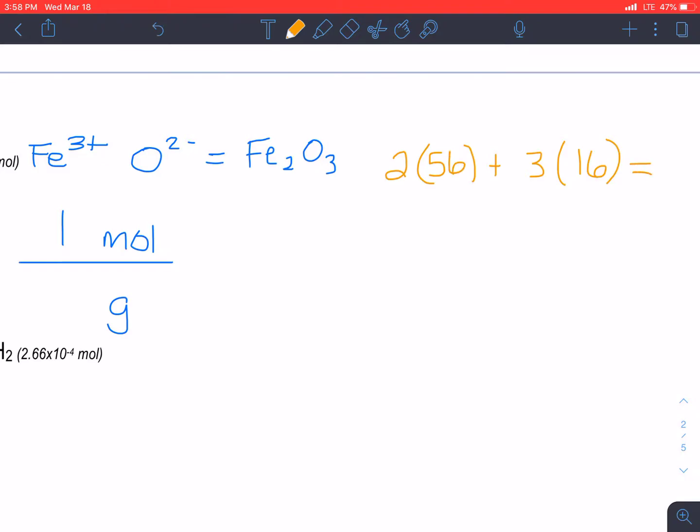So let me go to my calculator real quick. 2 times 56, this is 112, plus 3 times 16. 3 times 16 is 48. So we get a total mass of 160. Okay, so that's the mass that goes here. That's how many grams are in 1 mole of iron 3 oxide.